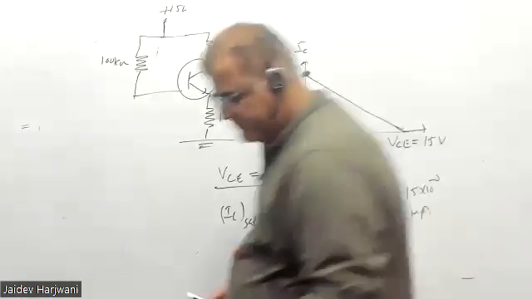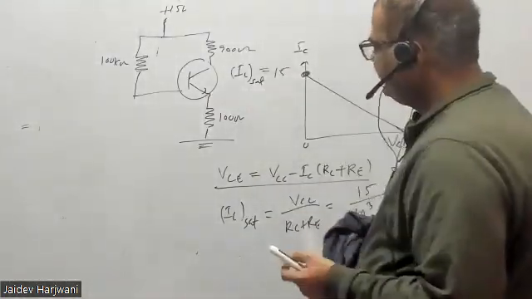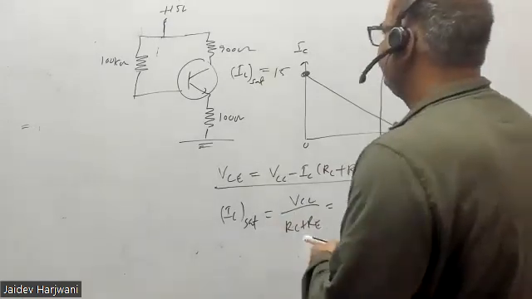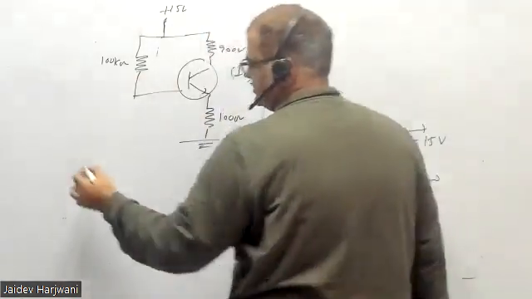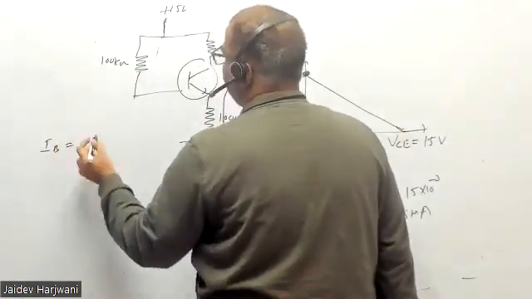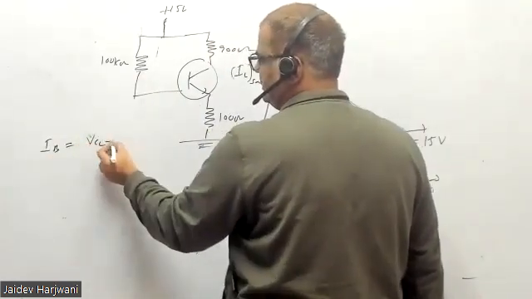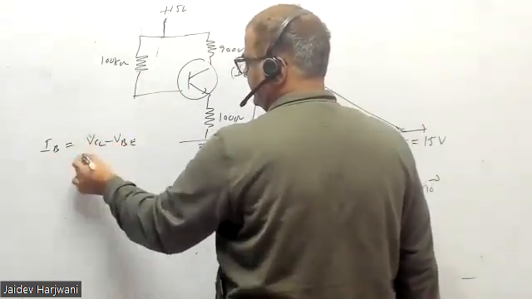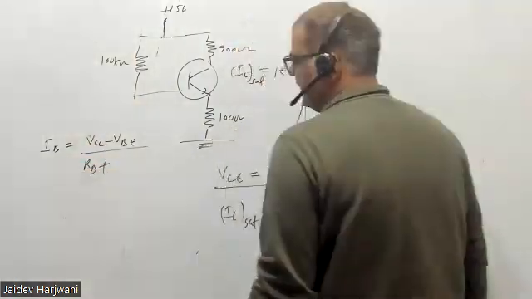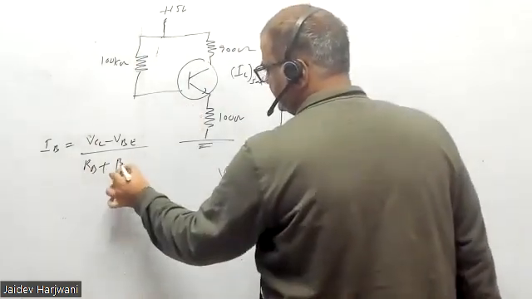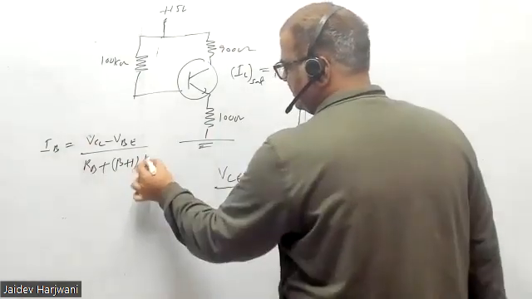Operating point के लिए you first calculate IB, beta is given. Beta question में 100 दे रखा है ना. So first you calculate IB in this circuit. IB will be your VCC minus VBE, okay, divided by RB, and then this one, this is beta plus 1 times RE.